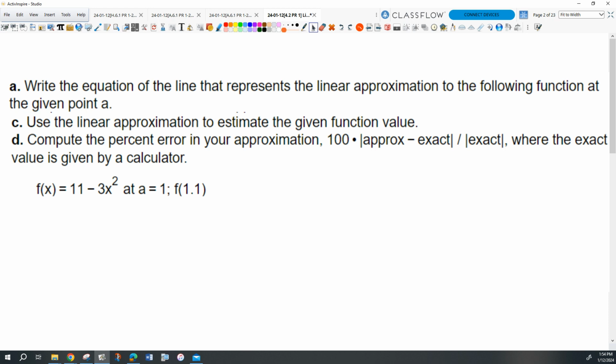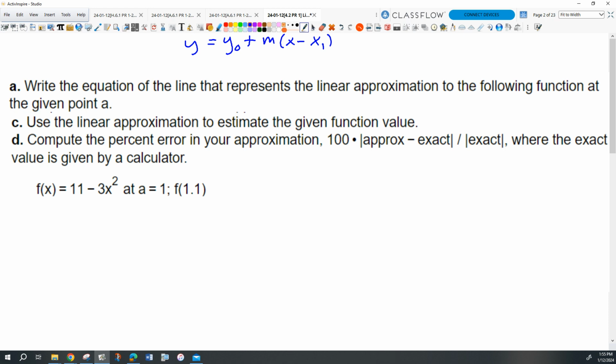So what do we do? What's our formula for linearization? Let's write it this way: y equals y naught plus m times x minus x1. But we're going to change that. What is y? L of x. That's what we're calling our output, the function that we're using.